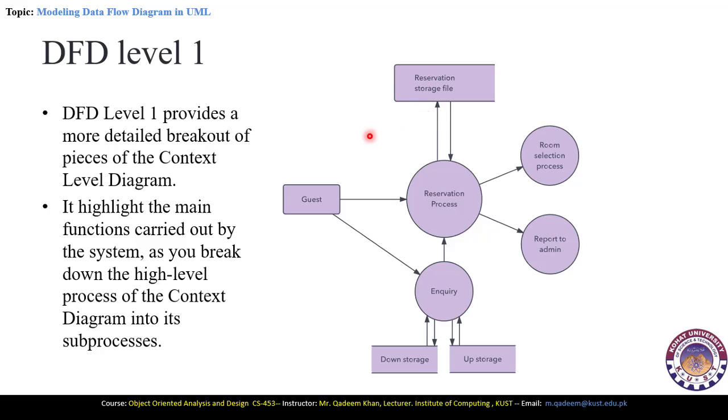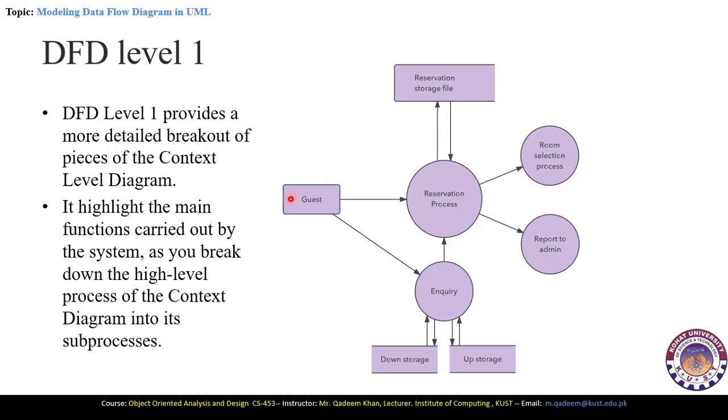Here we have the same example as in the previous level 0. We have just one process, that is called the hotel reservation system. But here that main system is divided into 4 different processes: the reservation process, room selection process, report to the admin, and also the inquiry process.